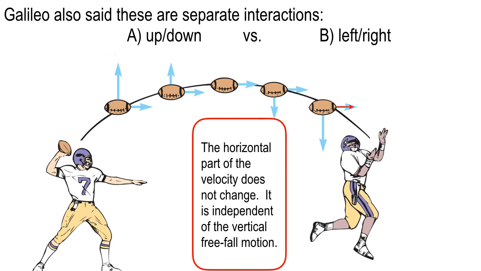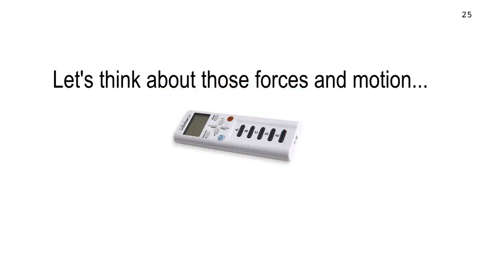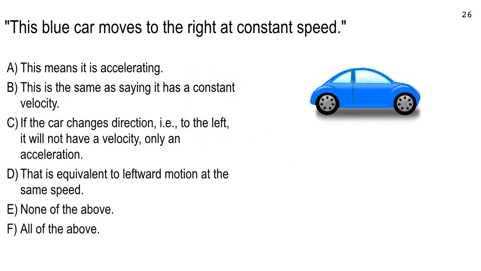Now, let's do some clicking. Make sure you have your clicker on, if you please. This one is going to be multiple choice. Let's just do a couple thinking questions here.